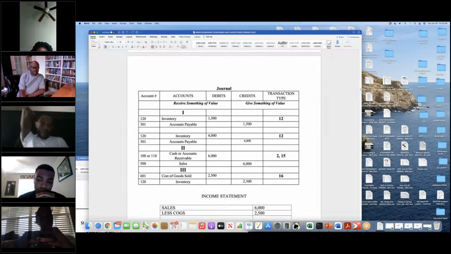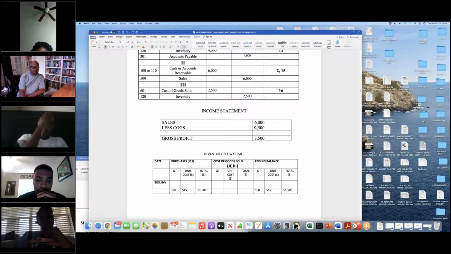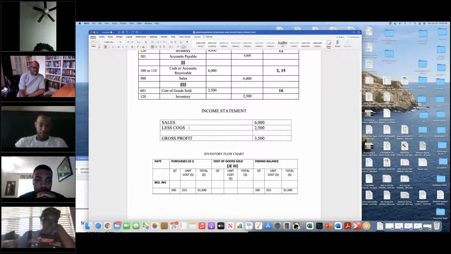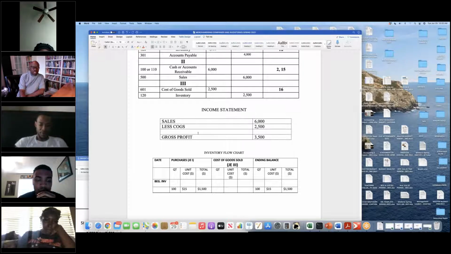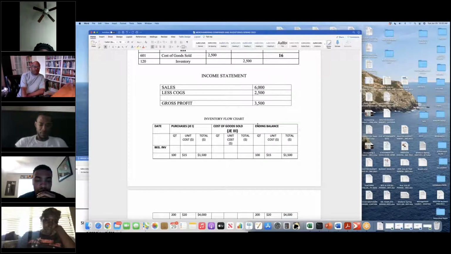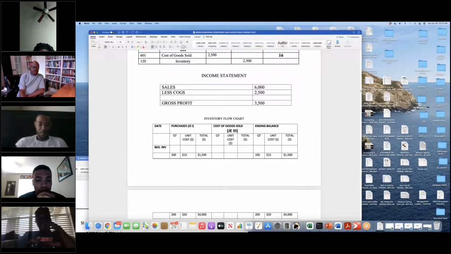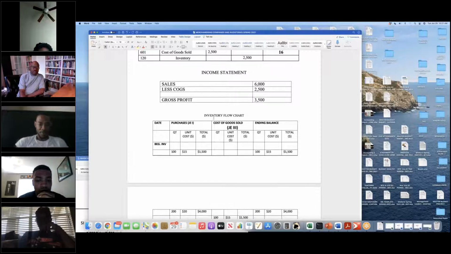We also talked about the fact that we're just looking at the top of the income statement. Sales less cost of goods sold equals gross profit. And then we talk about this inventory flow chart, which is when we have a lot of transactions and a lot of inventory items, we're going to keep track of it with the inventory flow chart for each item.